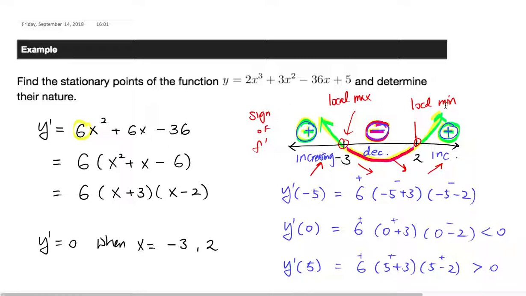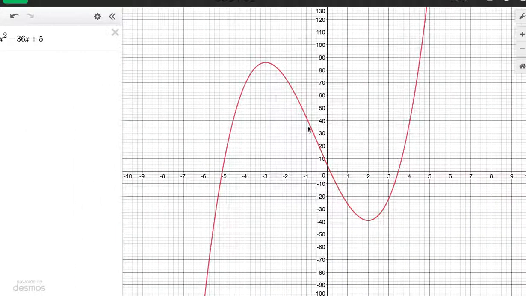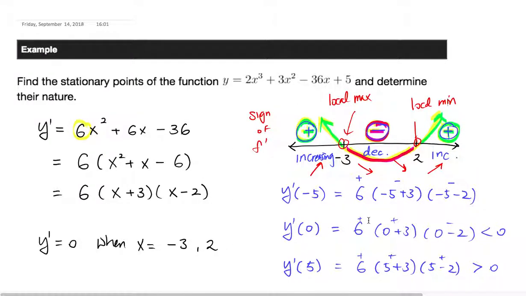Okay, so let's check. I use Desmos here to look at it. At x equals negative 3, there is a local max. At x equals 2, there is a local min, as you saw.